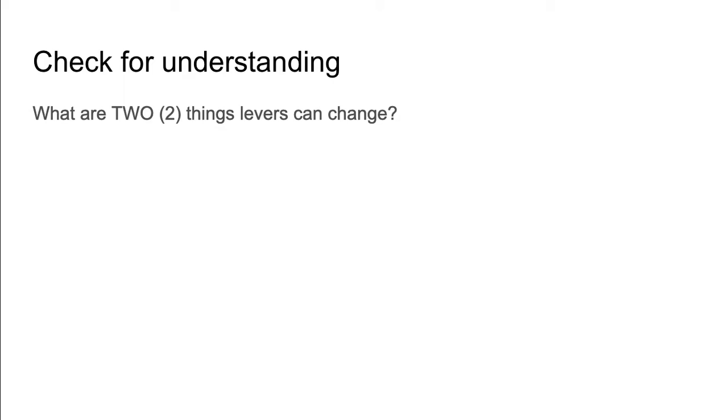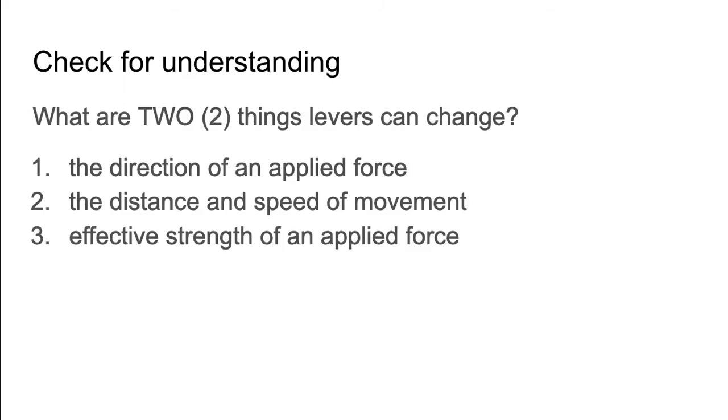So go ahead and pause the video now. Okay, let's see what the answer is. Well, again, there were 3. I asked you for 2 of them, so it could have been direction of the applied force, the distance and speed of movement, or effective strength of a force that's applied.